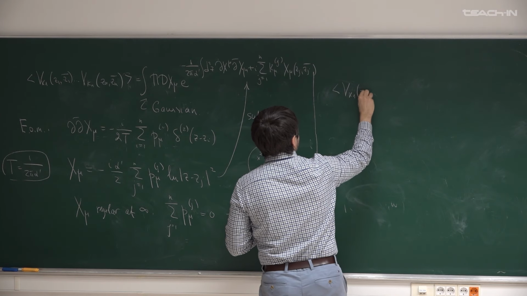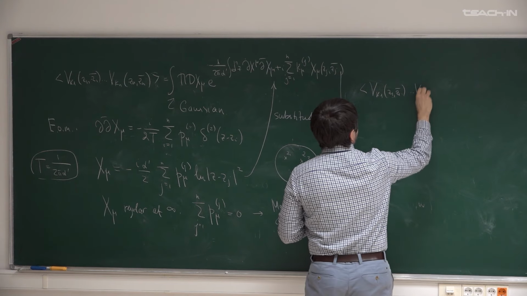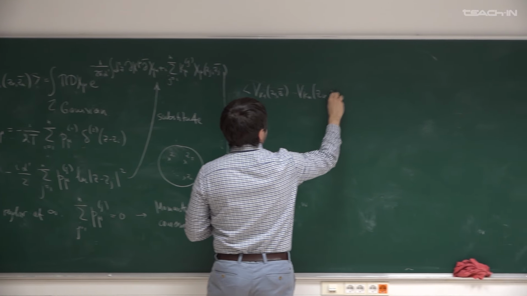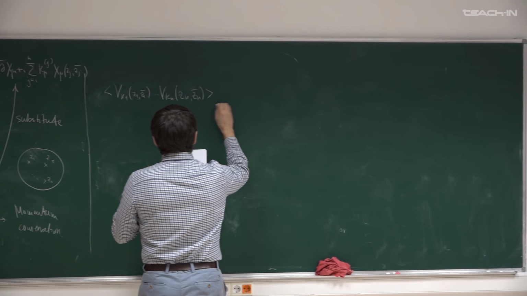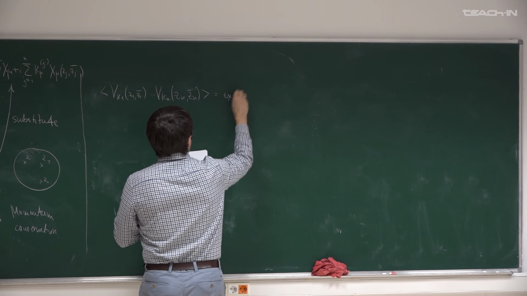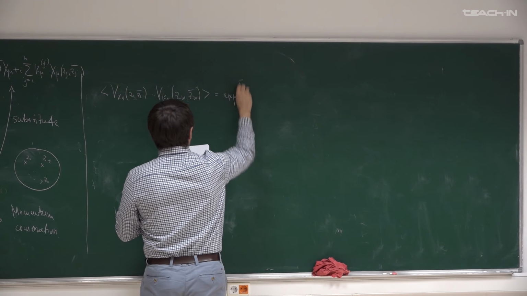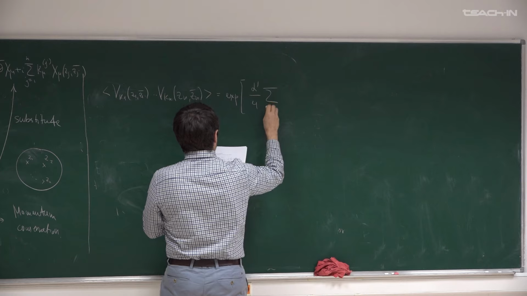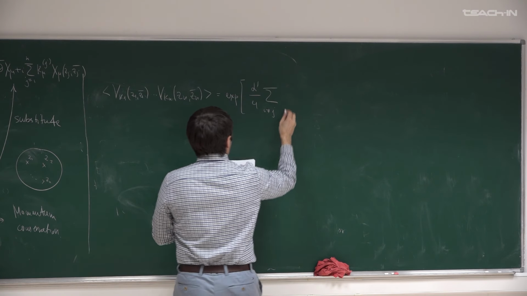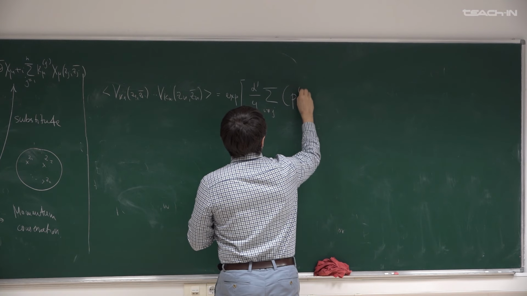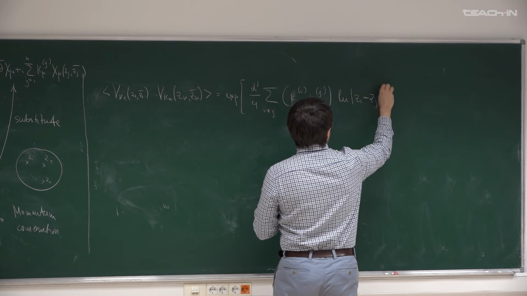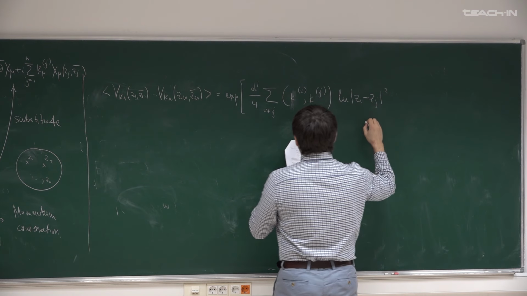The product of V_{k_i} is the exponent of α'/4 times the sum over i not equal to j of ⟨k_i, k_j⟩ log |z_i − z_j|² times the delta function of the sum of momenta.